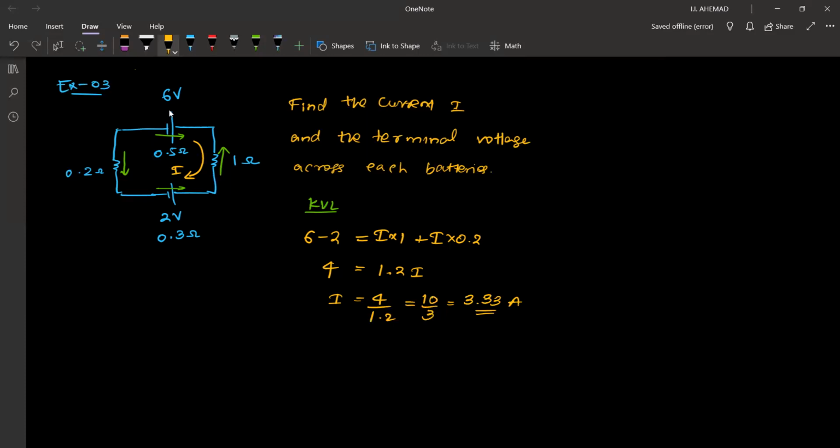Amna and Shahama, is it clear how I got this equation? I have taken the sum of the EMF. When batteries are in the same sense, that means the arrows are in the same sense, you add them.